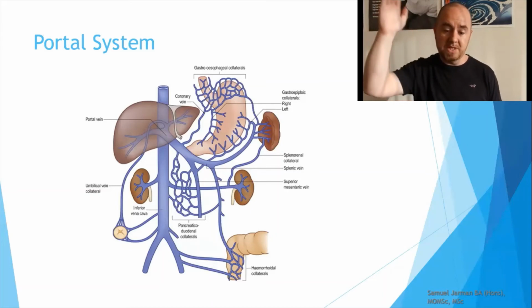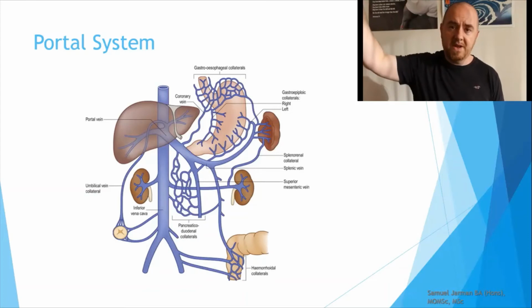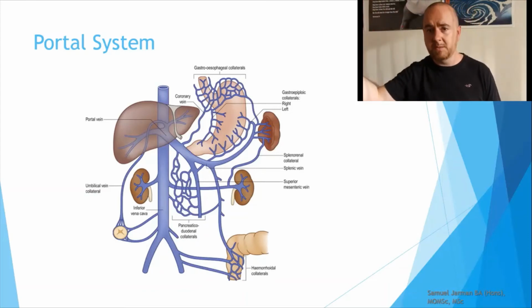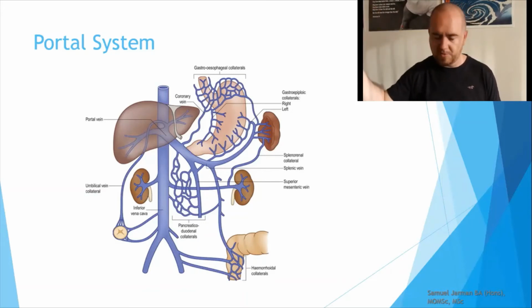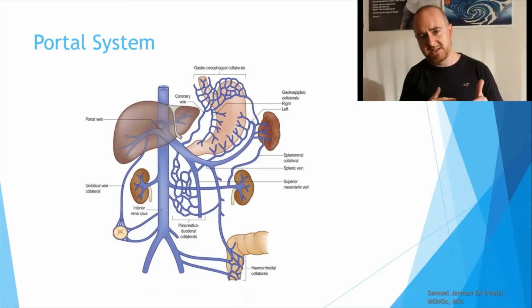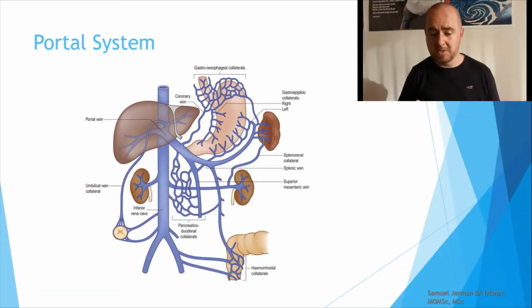That goes more or less up and empties into the splenic vein. The splenic vein comes across from the spleen, and will take blood from the stomach, the pancreas, and the hindgut in the last portions of the colon, and the superior mesenteric vein is going to take from the first 2/3 of the transverse colon, the ascending colon, and all of the small intestine.